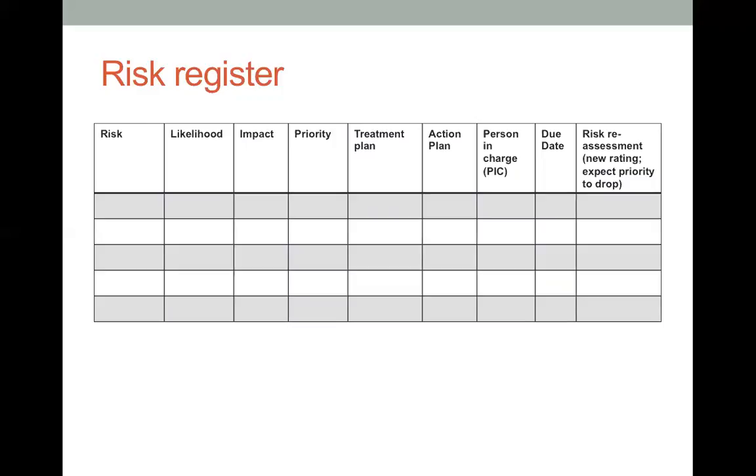Let's say the first one that we have identified would be competitors reducing the price when we launch the new product. What is the likelihood? Based on our consultation with the stakeholder, with the sales management, let's say they say it's quite high. The likelihood is 4. What about the impact?